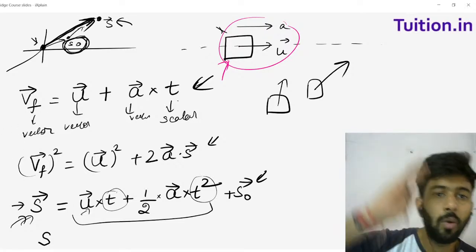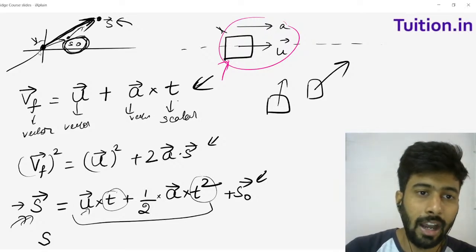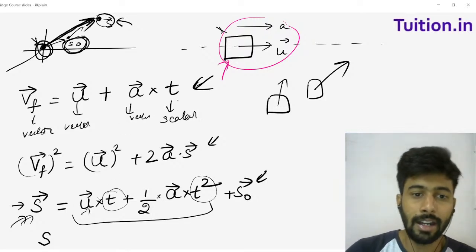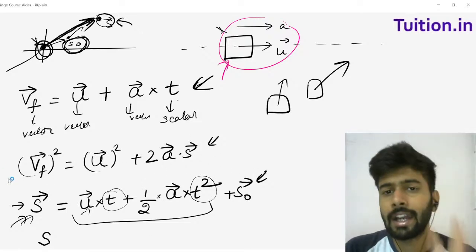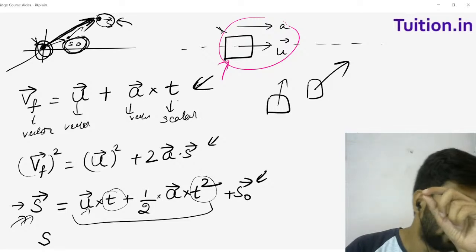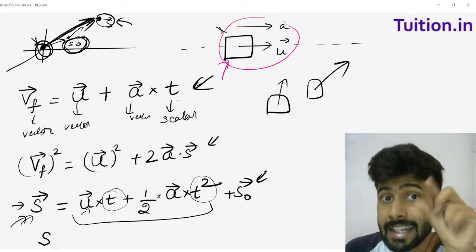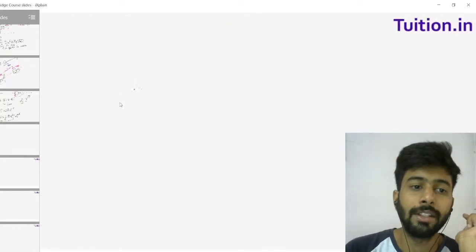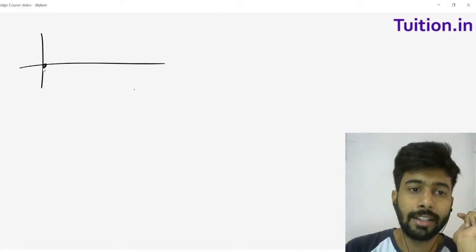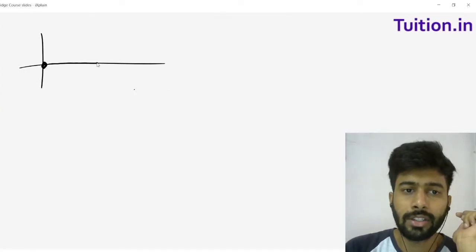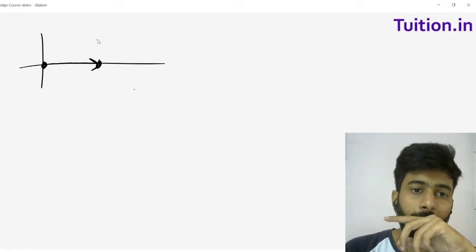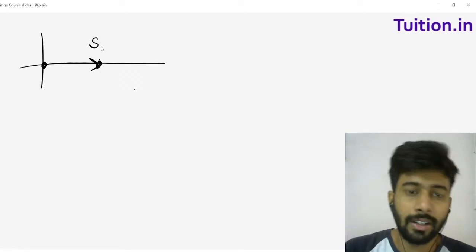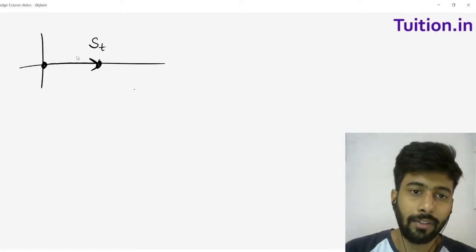So from the start, what is the displacement? That is got by using this equation. But let's say I don't care about the start. I care about the displacement in the tth second, which means my object, let's say it starts from here, it goes a little far. By the time it reaches here, this was the displacement after t seconds.